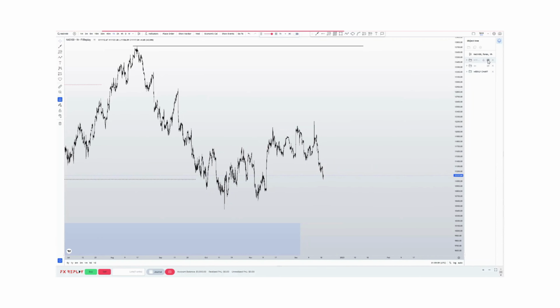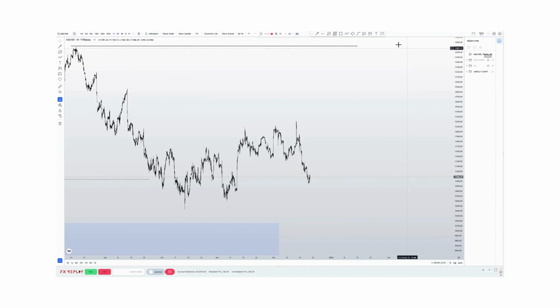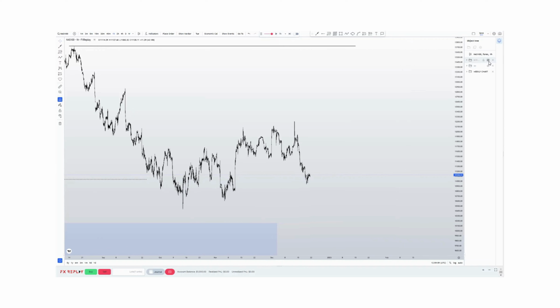And then now the M15 has once again shifted bearish at that point. We have a break of structure, and then we have our new protected swing.